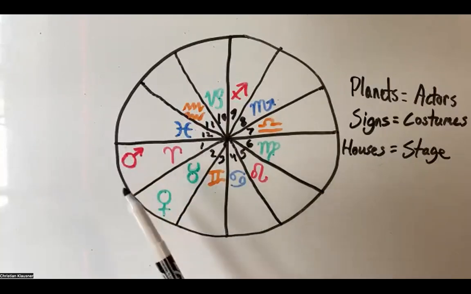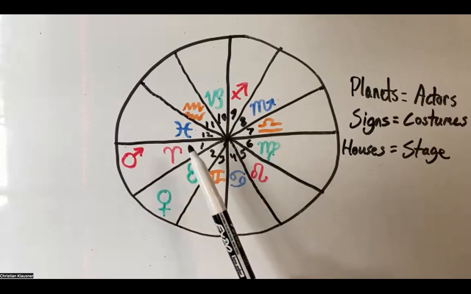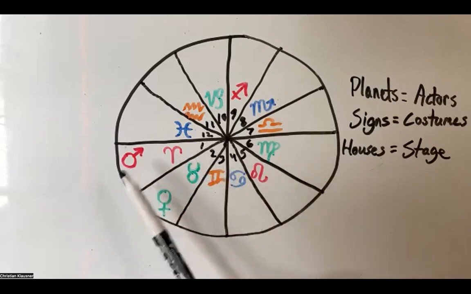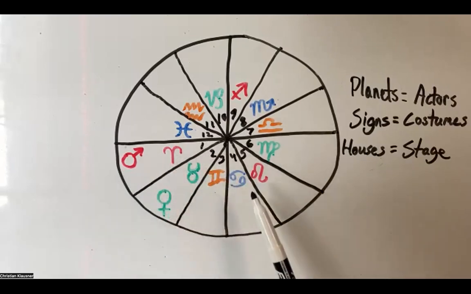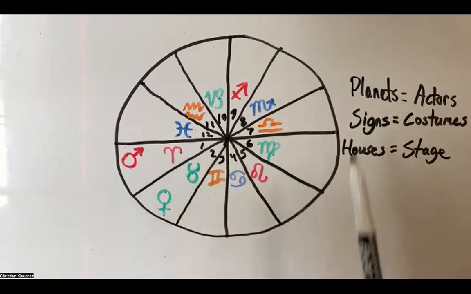The first house relates to Aries. It's about the self or the identity. So maybe you really identify with your strength, Mars, and how you take action around what you want to protect or what is close to home for you. Maybe you identify with that first house. So that's how we start to put these things together, and that's how chart interpretation works.